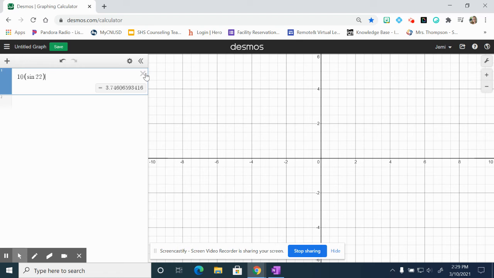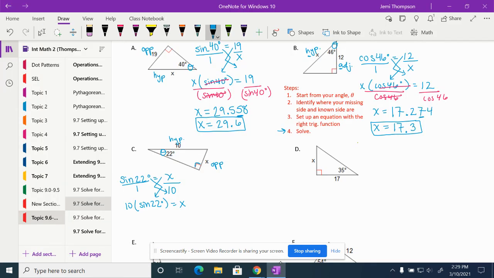Same thing on your calculator. 3.746. 3.7 is one decimal place. I look at the next decimal place. This is not 5 or greater. So I just leave it off and I get x equal to 3.7.